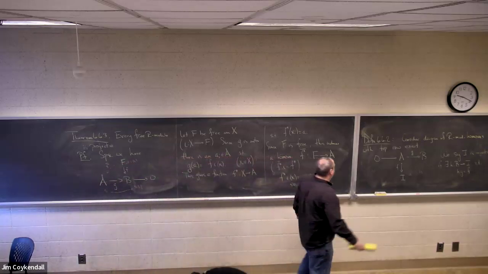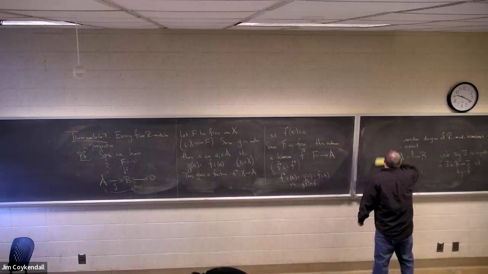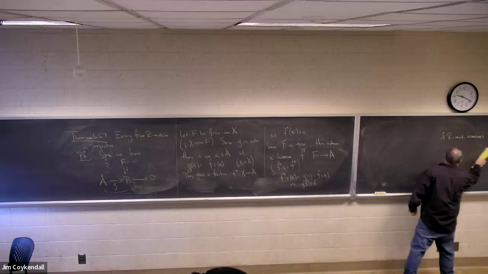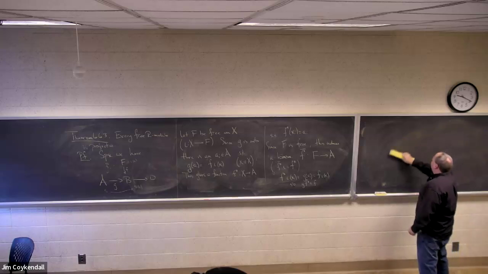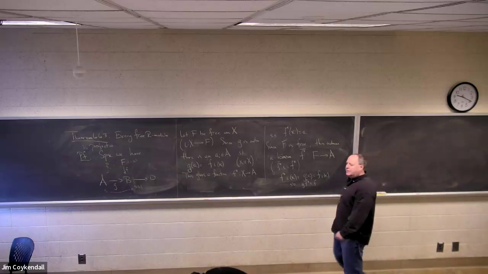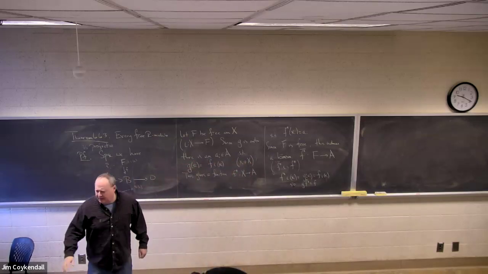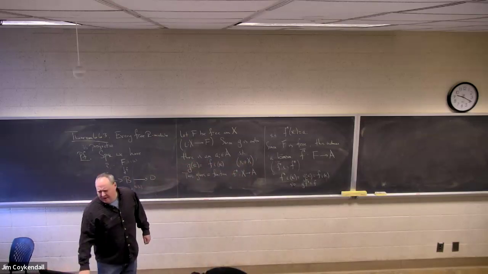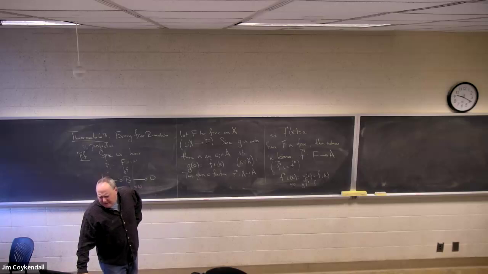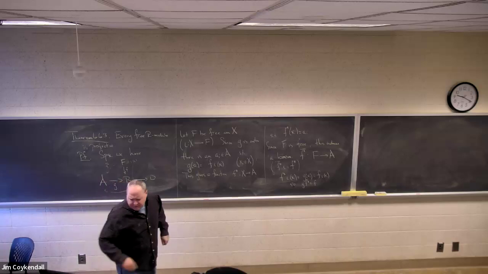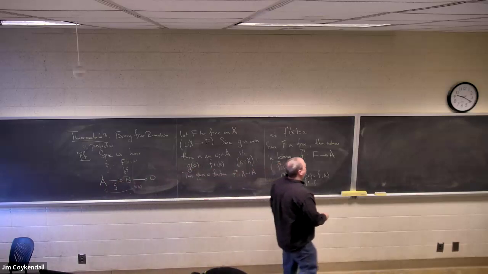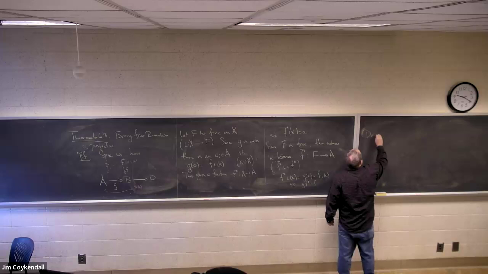So any free module is projective. Instead of coming up with an example of a projective that's not free, I'm going to develop some stuff first. But before we get into that, let me do kind of an analog for injectives. And I'm not going to go all the way into the weeds of this. I'm just going to do a little bit.